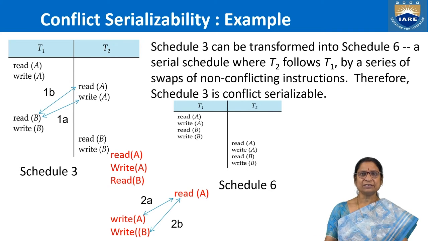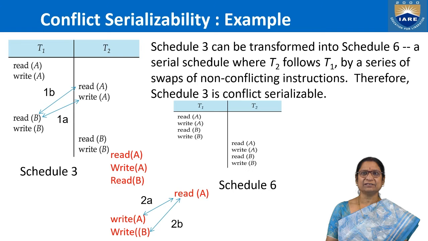In this example, read A and read B can be interchanged because they are on different items, A and B. After interchanging the first one, read B and write A can be interchanged. Then the chronological order is read A, then read B, then write A. Then in transaction T2, read B and read A can be interchanged.